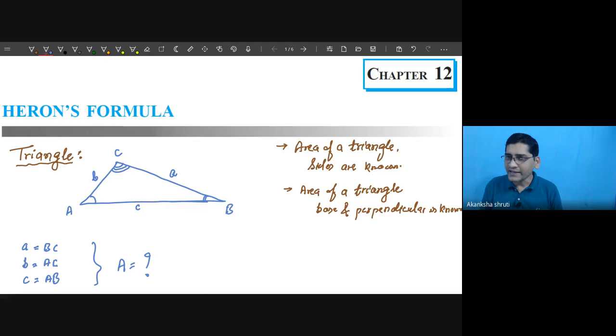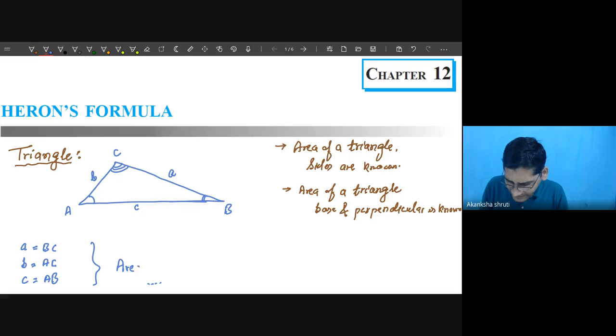This area is given by Heron's formula. Here A denotes the area, the area of triangle ABC.